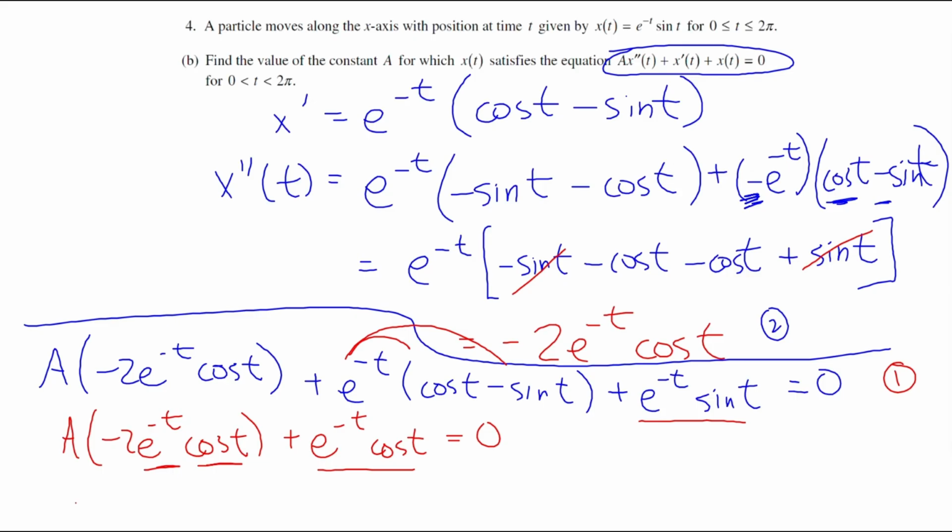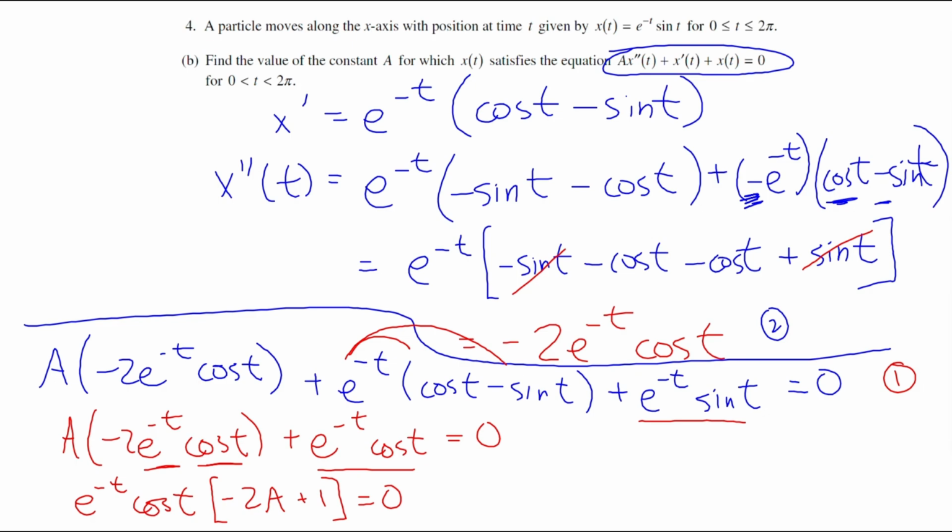So we'll factor out that e to the negative t cosine t, leaving us with negative 2a plus 1 needs to equal 0. And we're looking for the value of a that makes this true.